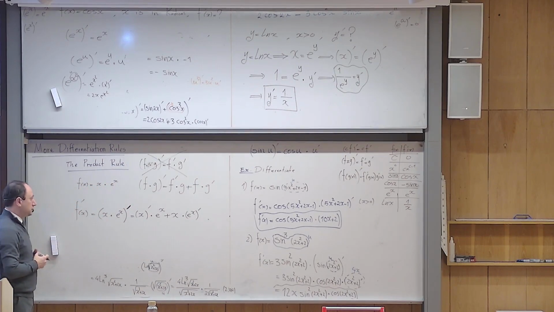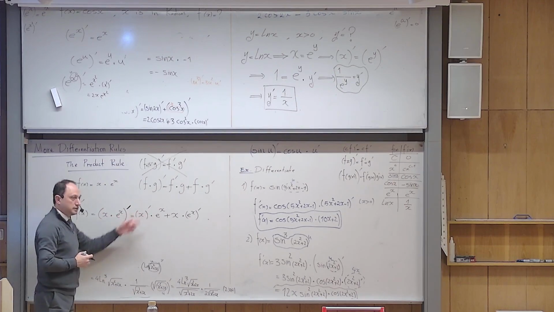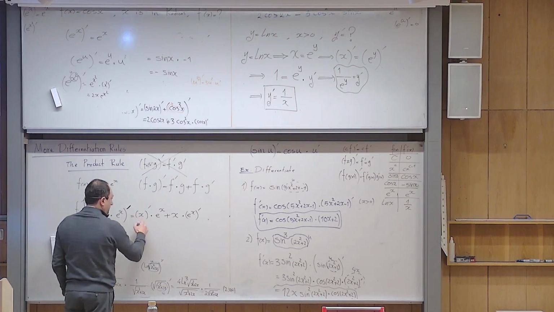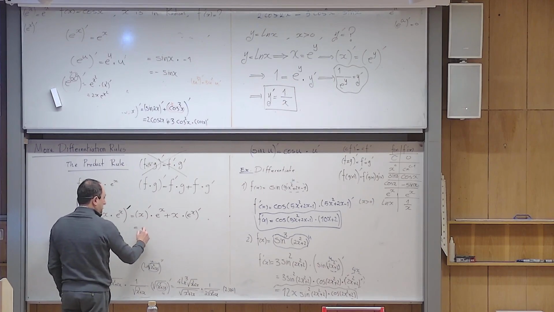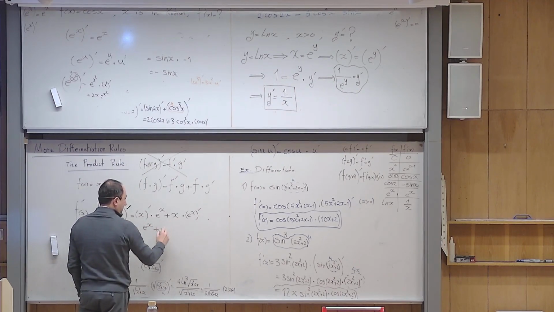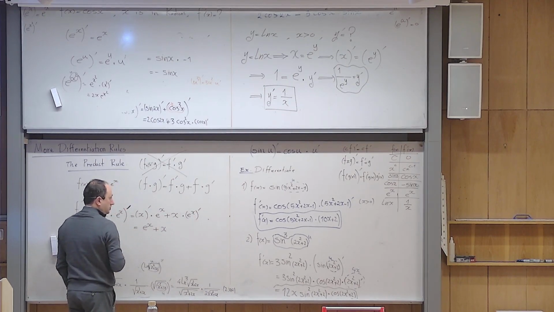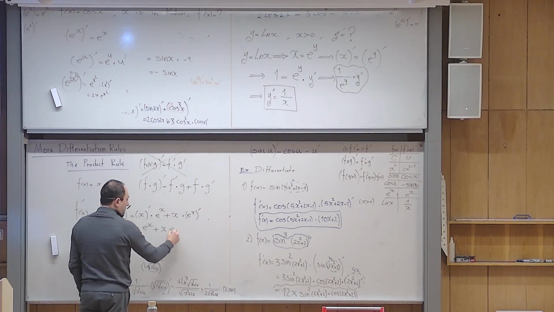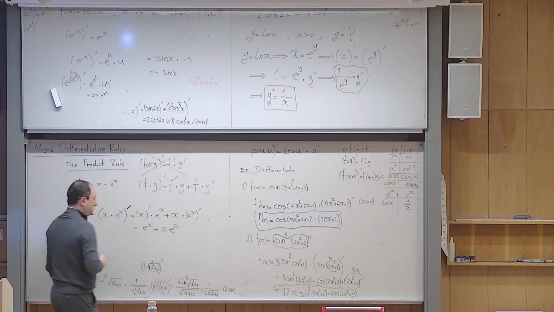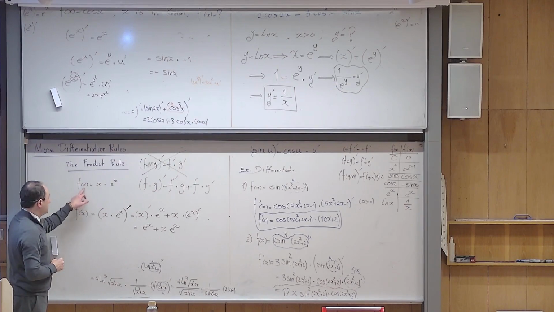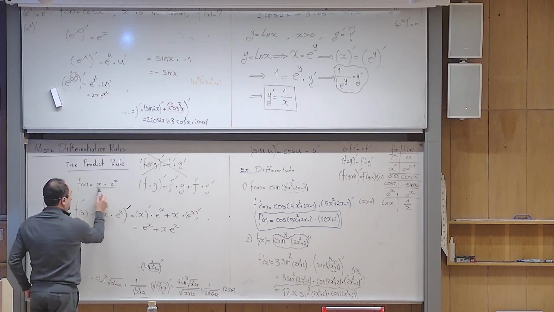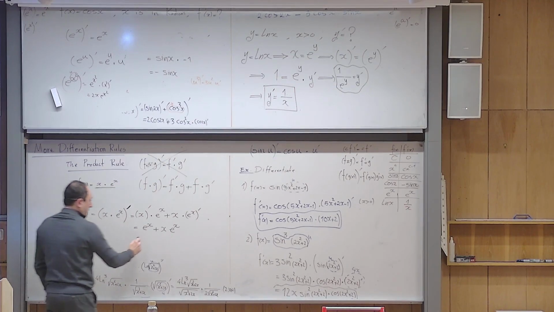But then it becomes very simple. Everyone knows that the derivative of x is 1, multiplied by e to power x, plus x multiplied by the derivative of e to power x, which is one of those exceptions whose derivative is itself. So it is interesting. You see the derivative of this function is this function.